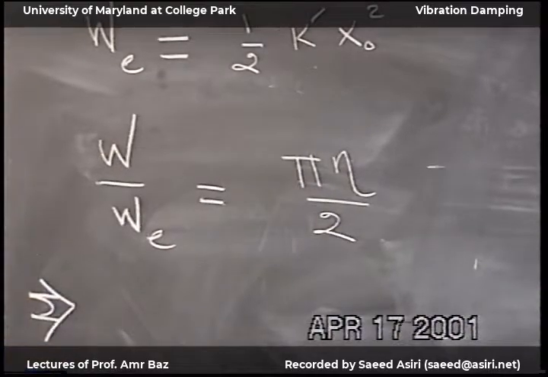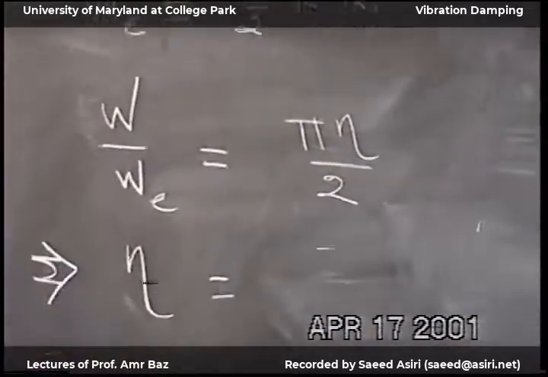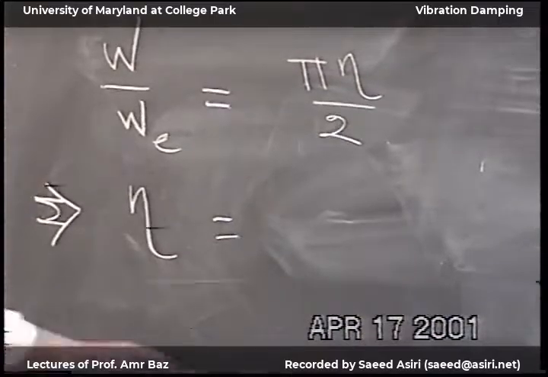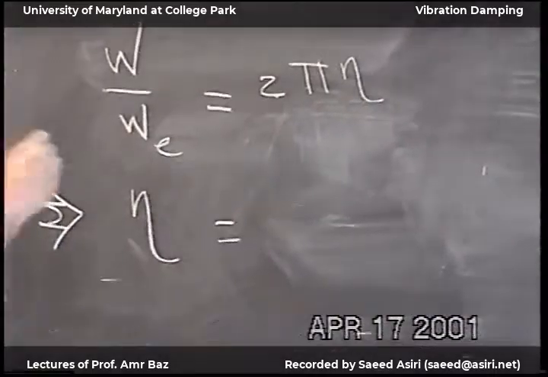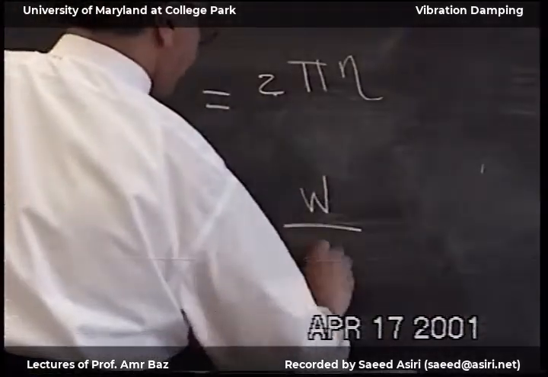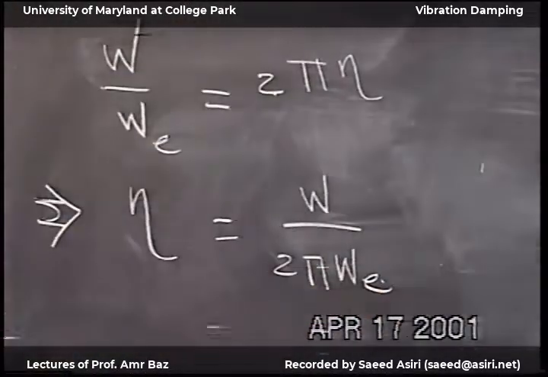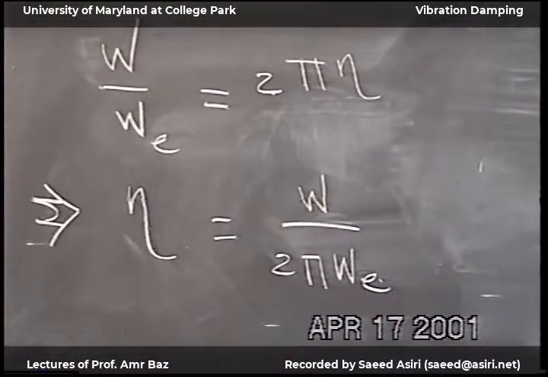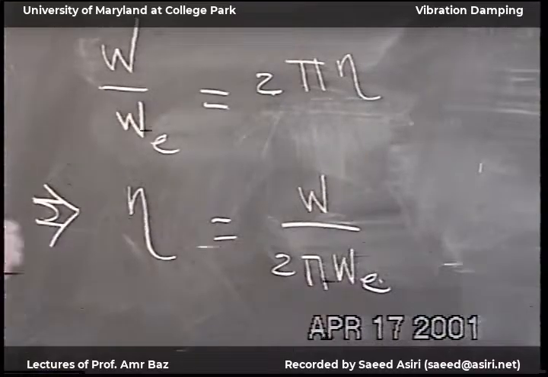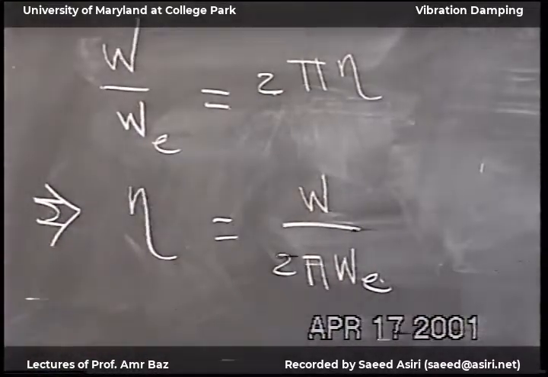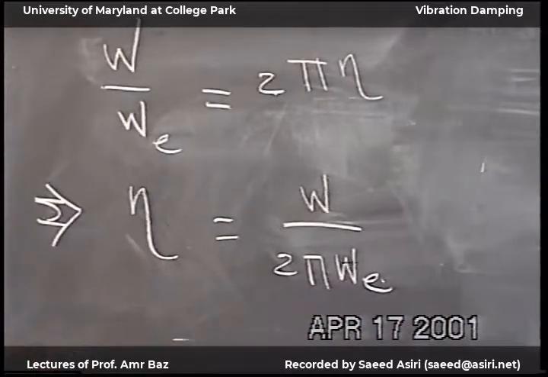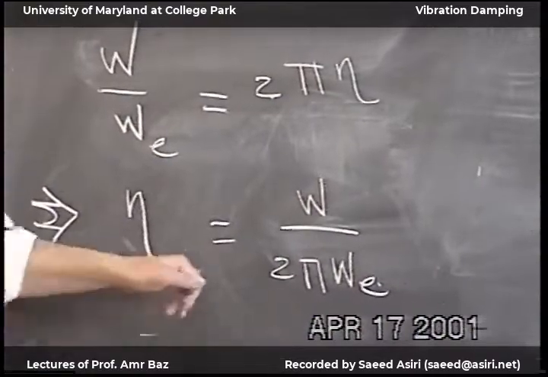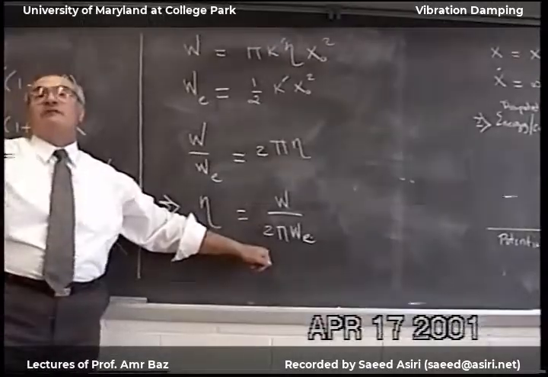And then now eta will equal to W over WE, times 2 pi, I'm sorry. This ratio, the reason I'm saying this is the paper that I gave you reference to last time, which is Plunkett and Lee. When you extend it to the bending case, he defines it like this directly, without any reference.